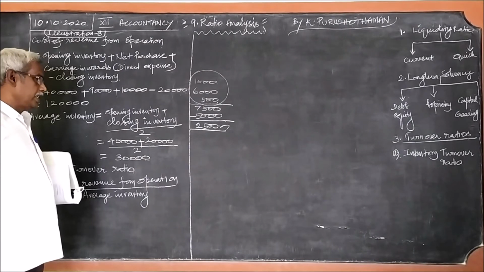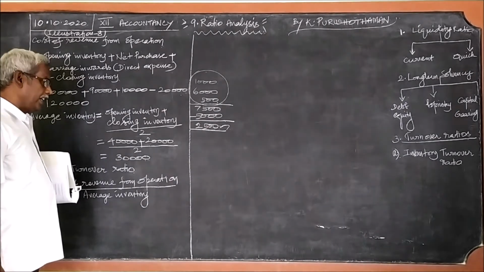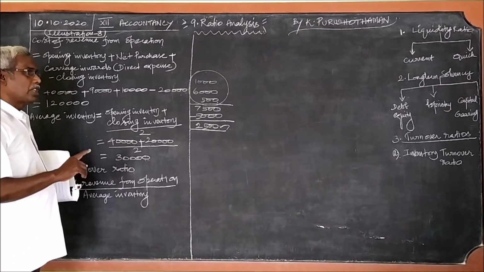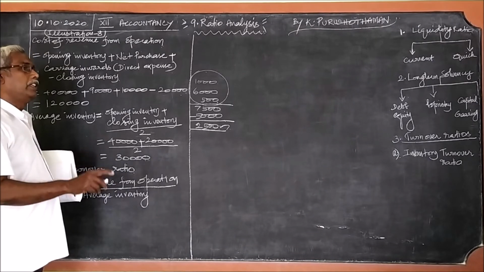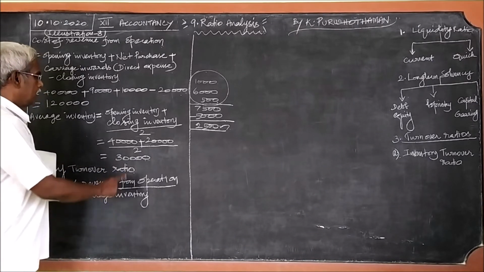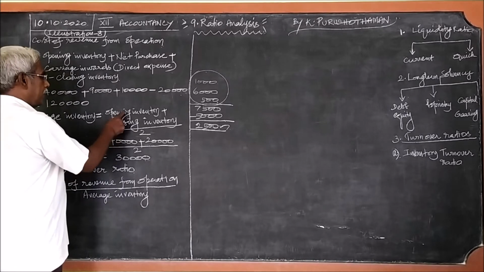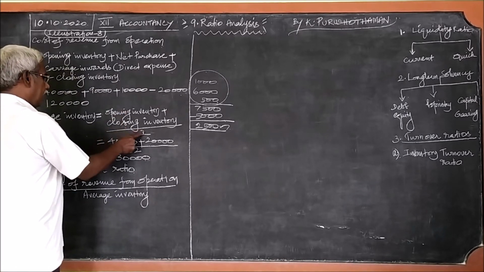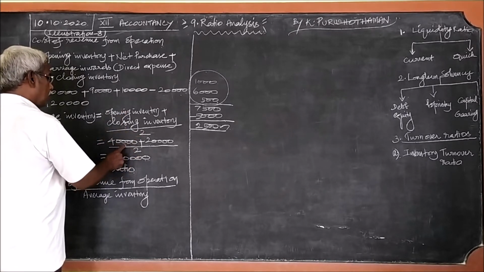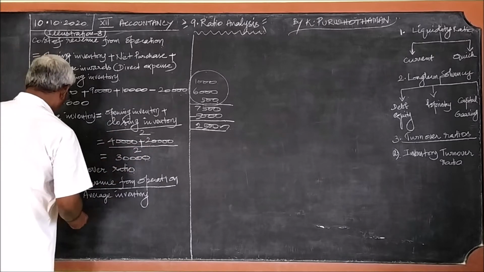So average means the sum of the items added, divided by the number of items added. So opening inventory and the closing inventory, there are 2 items added and it must be divided by 2. So 60,000 by 2, 30,000.